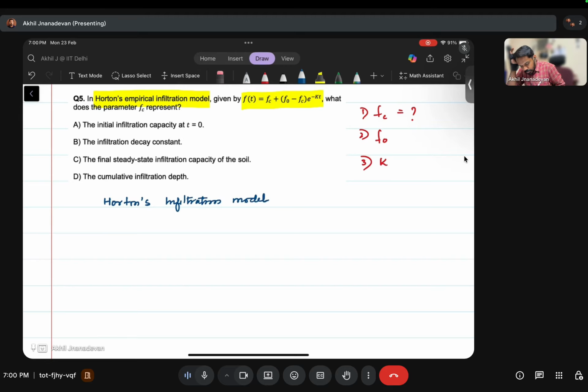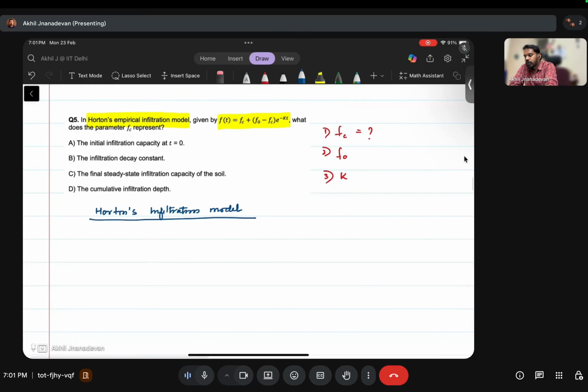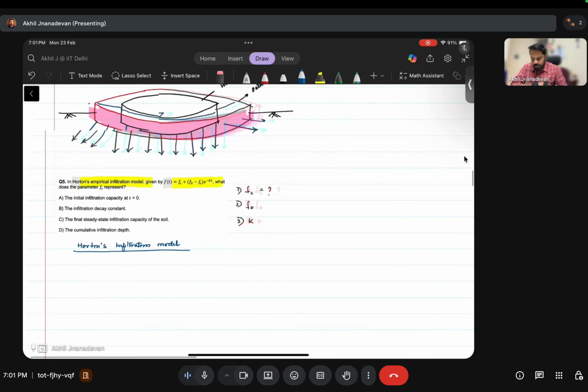The Horton's infiltration model is based on the relationship observed under ponding conditions. Horton, the scientist, assumed that the infiltration rate follows an exponential relationship. That is, the rate at which infiltration occurs will follow an exponential relationship with time.